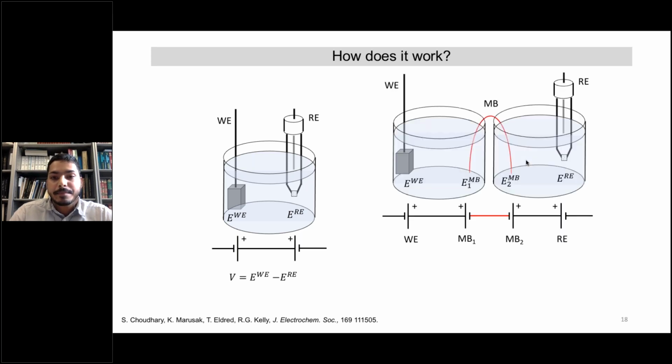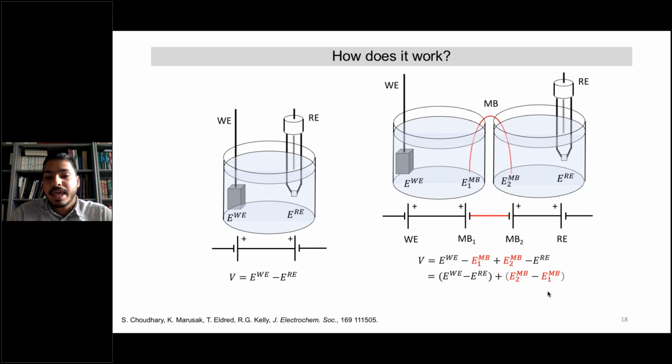And if you have a metal bridge setup, then you are introducing two new interfaces, and you can arrange these batteries in a way that there is no current flow, and then it will give you a simple yet really effective equation. So from this resulting equation, what you can see is you have an additional term, which you can call a potential offset, and which is basically the potential difference between two ends of the metal bridge.